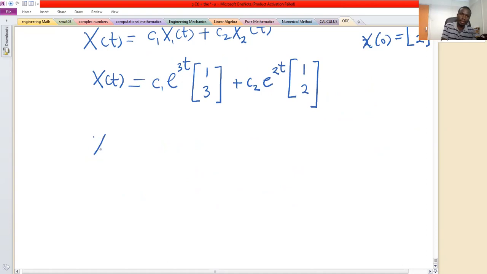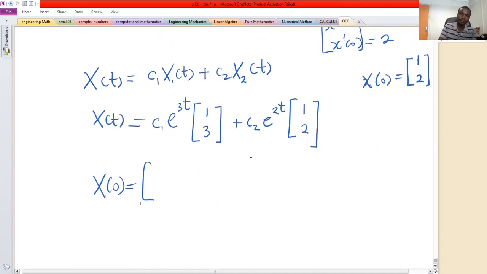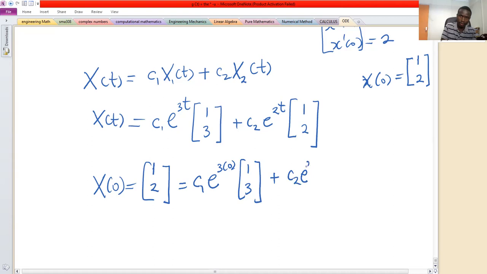So x of 0 is given by 1, 2, which will be given by C1 e raised to the power 3 times 0, 1, 3, plus C2 e raised to the power 2 times 0, 1, 2. 2 times 0 is 0, 3 times 0 is 0, e raised to the power 0 is always 1.